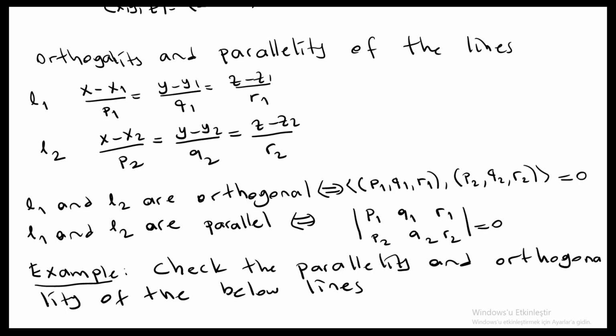So let me write the lines. Let's say this is L1: x minus 2 over 3, y minus 3 over negative 2, z plus 5 over 1.